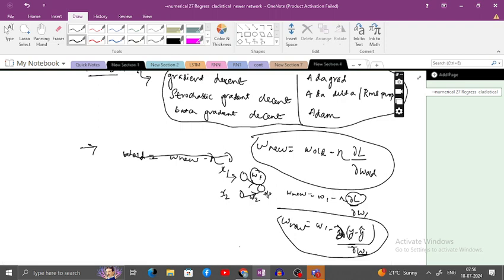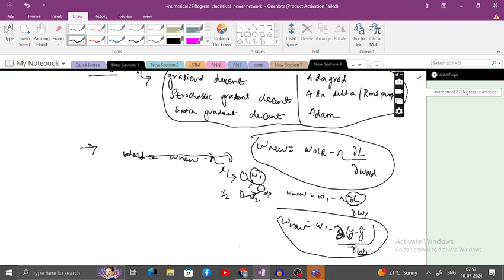When you differentiate the error, you are seeing to how much extent it is varying with respect to my earlier weights. That is what I am differentiating. After solving this equation, I will get the value for the new weights.